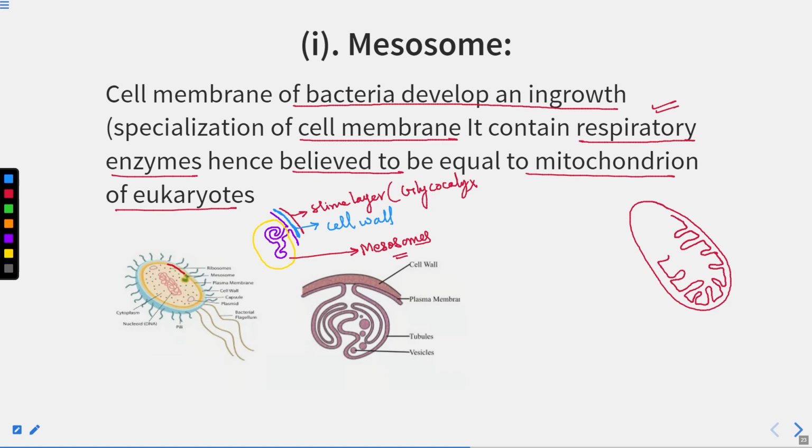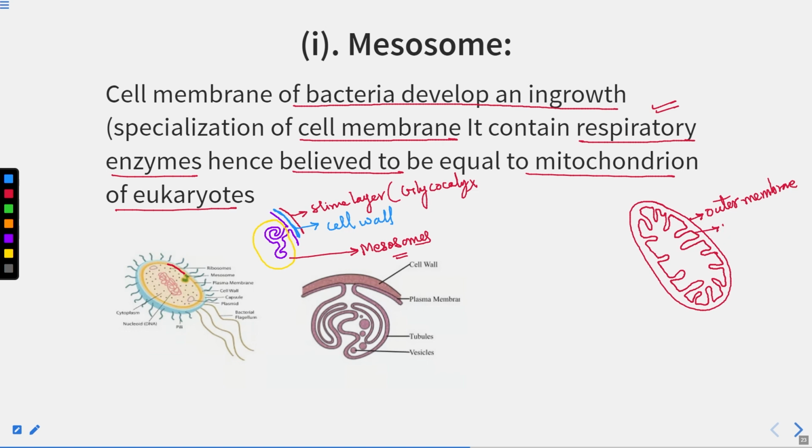The cristae invagination is different in different types of mitochondria, right? Sometimes it's straight, sometimes it is branched. So here I'm just drawing the simple one that is showing the cristae structure. This is the outer membrane. This is just to understand the similarity between this mesosome and the normal mitochondria that is present in the eukaryotic cell.